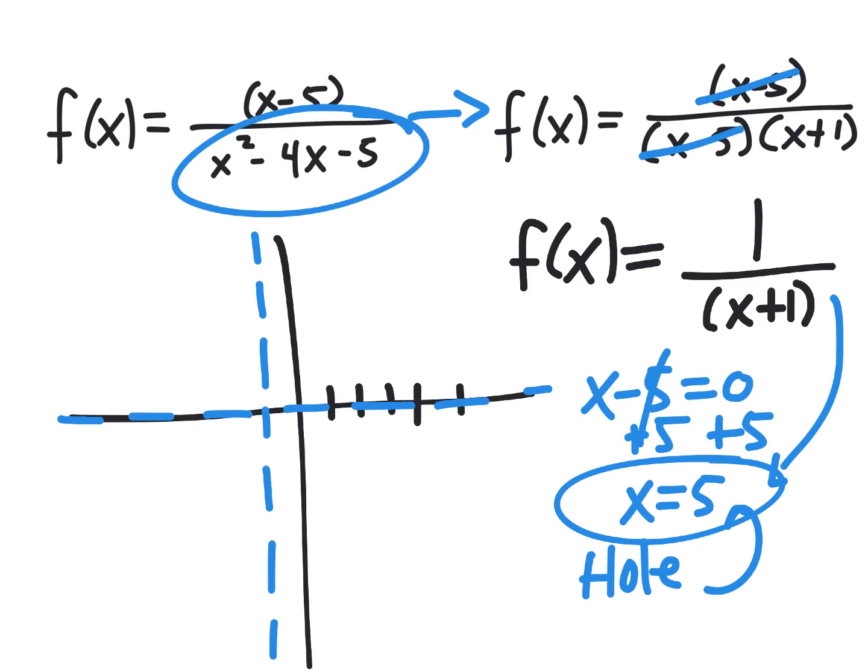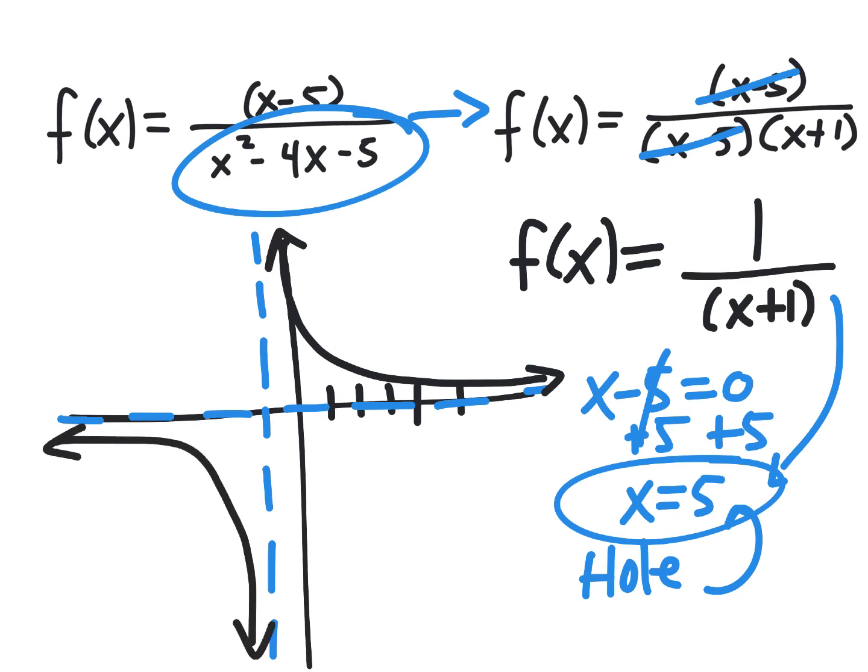So the graph will look like this, with an actual hole at that piece, because that's where we removed it, at x equals 5.